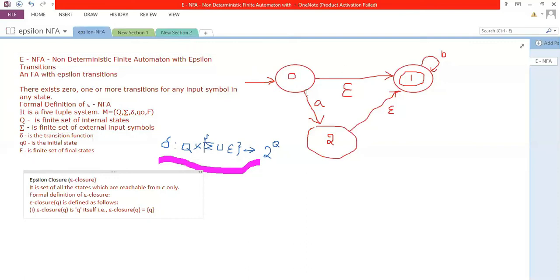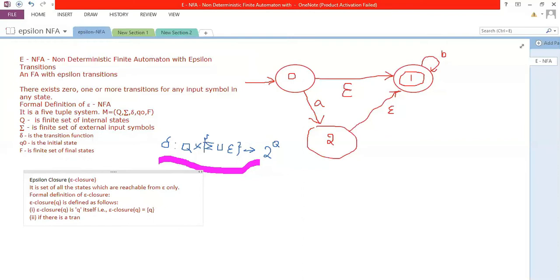Already I explained it here. In any state, without showing explicitly the transition with the input symbol epsilon, the automata will be in the same state. So no need to worry about it. That means by default, in any state, you will have epsilon transitions to itself. So we say epsilon closure for that state is that state. That is the first rule.